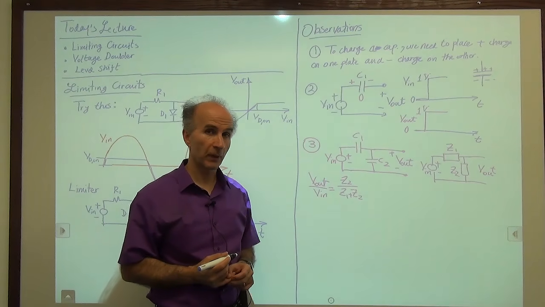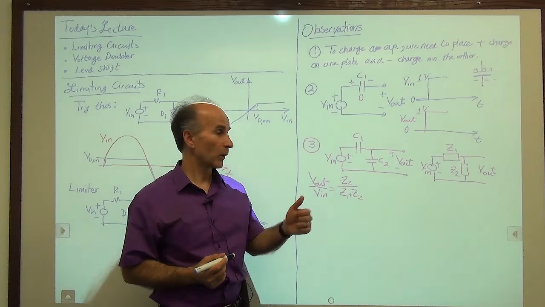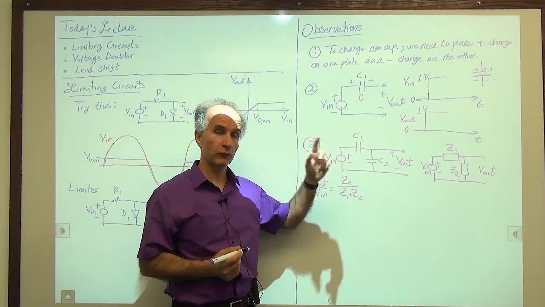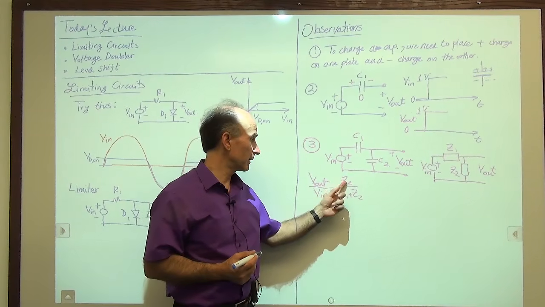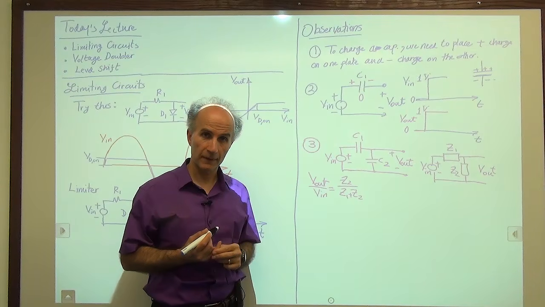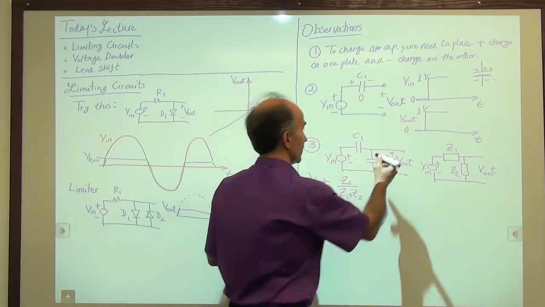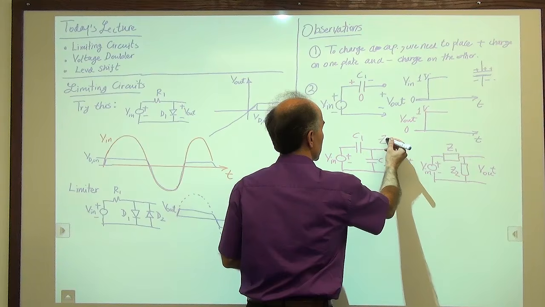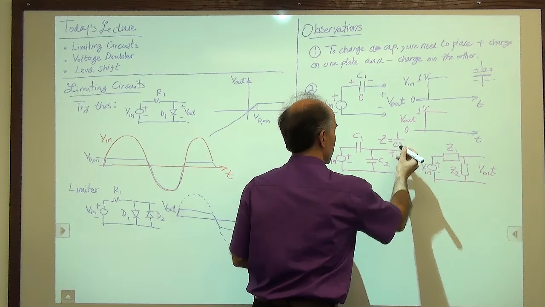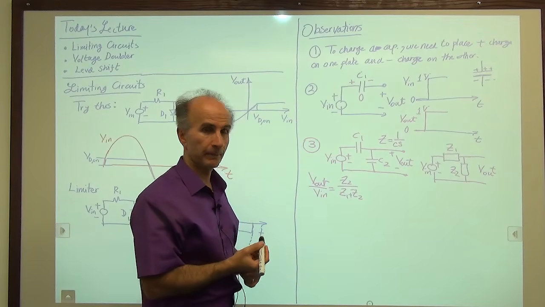Now let's go ahead and replace Z1 with a capacitor and Z2 with a capacitor. Now you have to remember what the impedance of a capacitor is, what the expression is. So I will write that here. For a capacitor, the impedance is equal to 1 over Cs, s being the complex frequency.